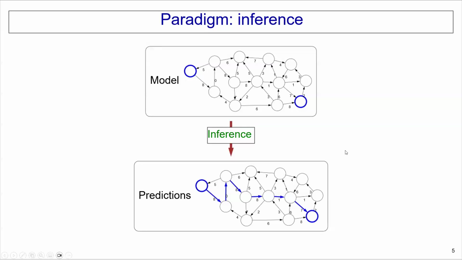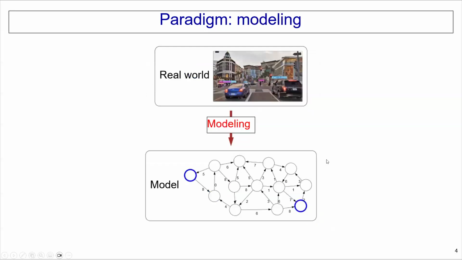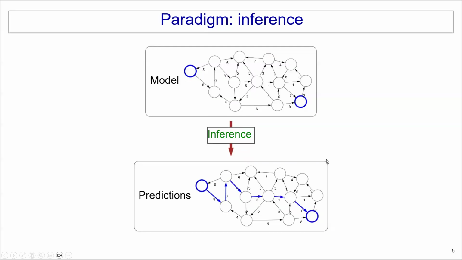Now, the second pillar we are going to discuss is inference. Given a model, the task of inference is to answer questions with respect to the model. For example, given the model of the city, one could ask questions such as, what is the shortest path?